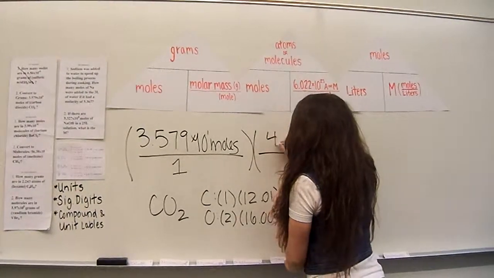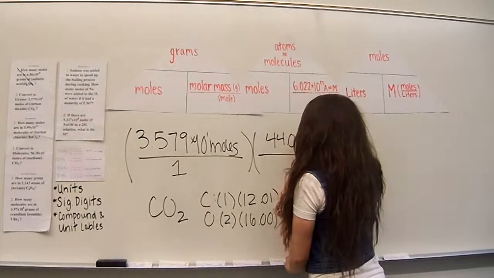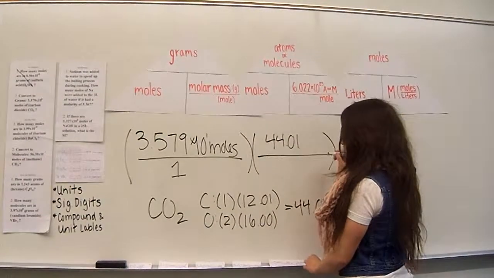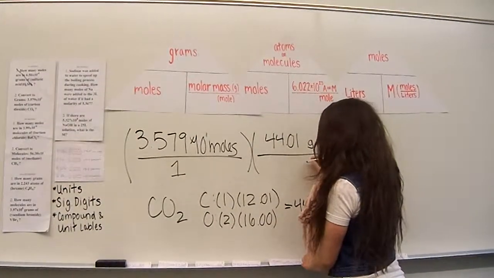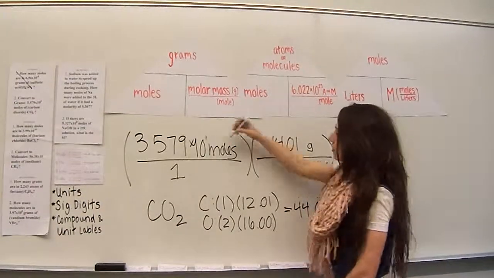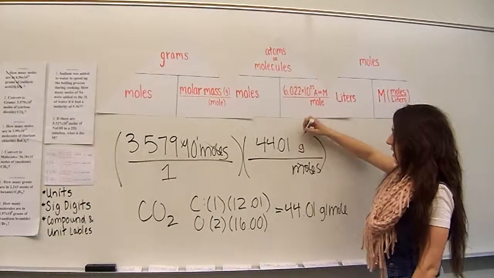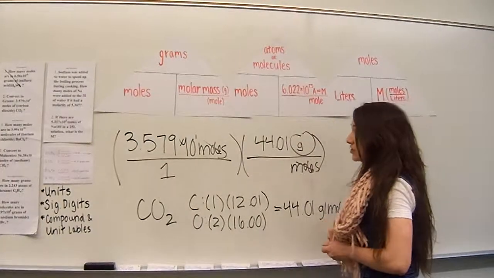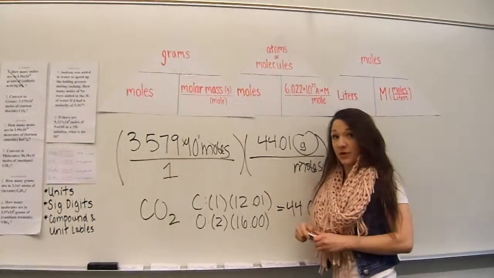We will be multiplying them together, so we write 44.01 grams, and then we write moles on the bottom. Moles will cancel out moles, and we will be left with grams, which is what we are asked for.